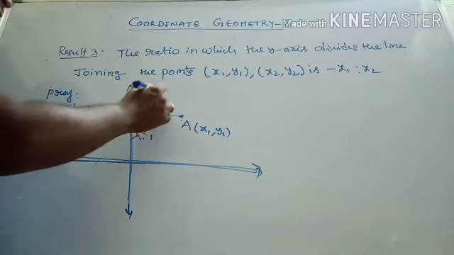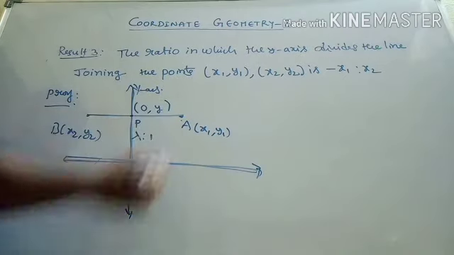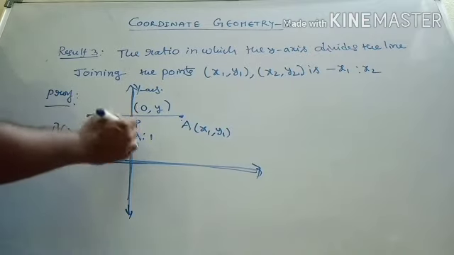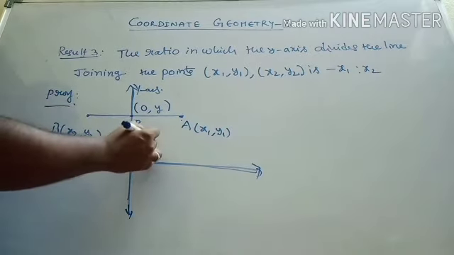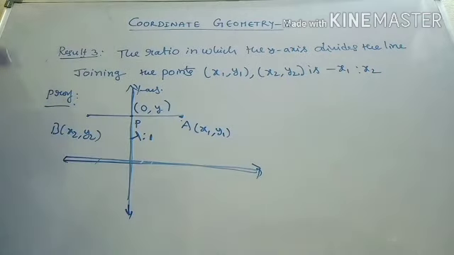You know that for any point on the y-axis, the x value becomes 0 and some y value is there. In this situation, this point P divides the line in the ratio lambda : 1, and we need to prove that lambda is -x1 : x2.